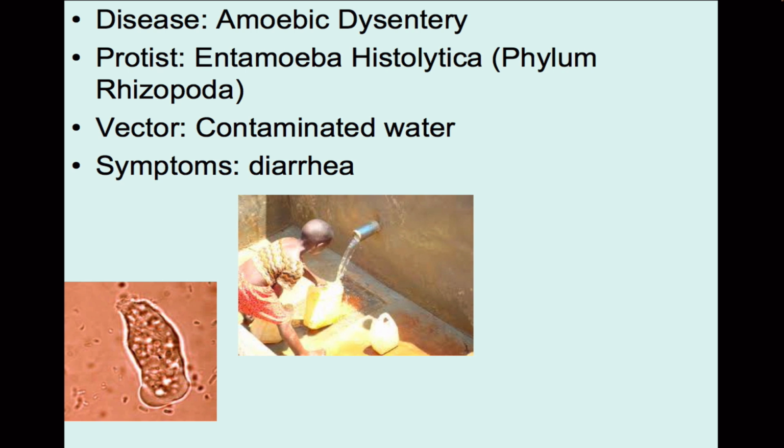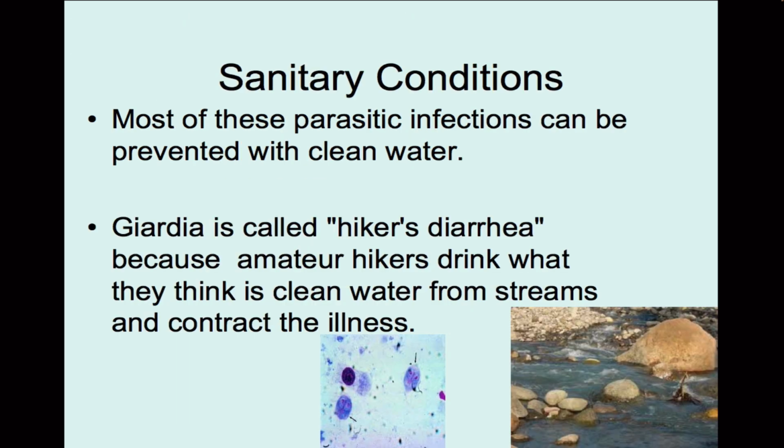So like bottled water or tap water has been processed so that it doesn't have these protists in it. So sanitary conditions are extremely important to reduce the parasite infections. Clean water is one of the best ways to avoid these protist infections.